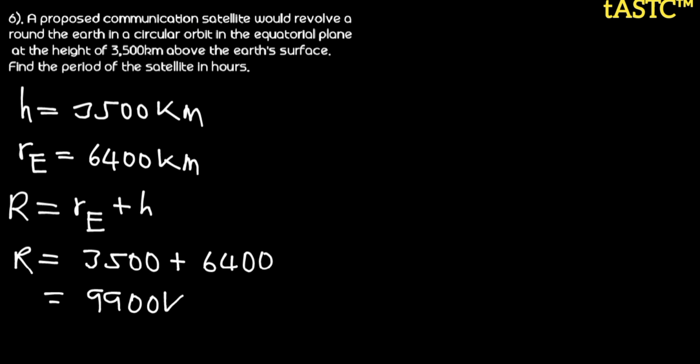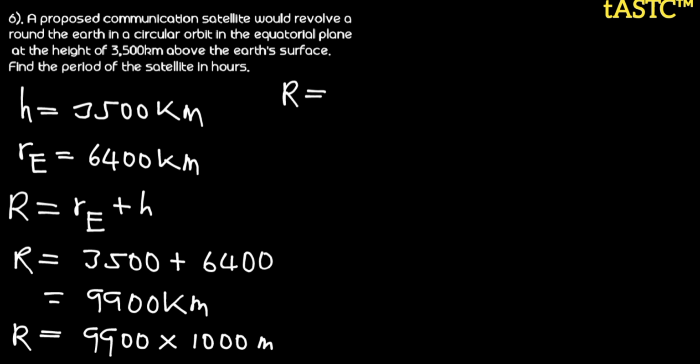So we got 9,900 kilometers, and we could well change this to meters. So r is equal to 9,900 multiplied by 1000, and that is in meters. So r obviously is going to be 9 million, and then you have this.